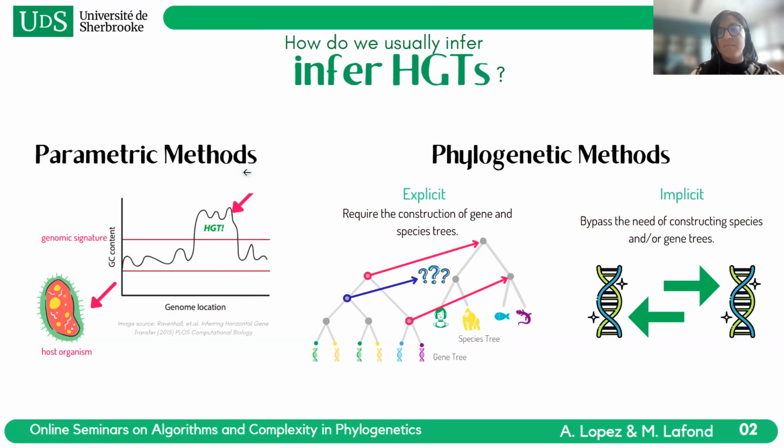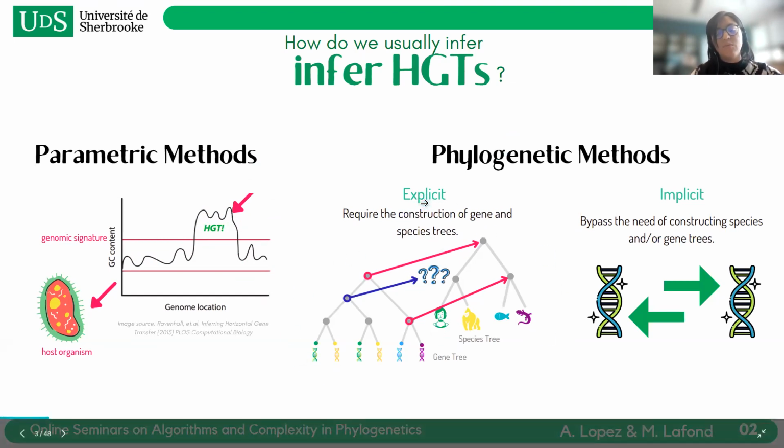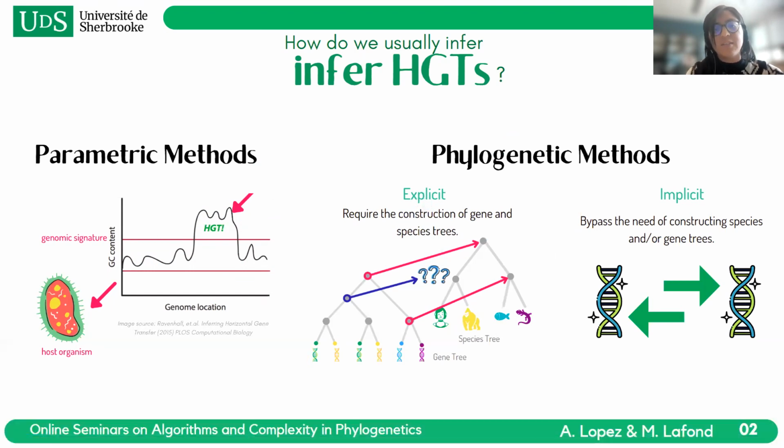In contrast to parametric methods, phylogenetic methods have also been developed, which are based on the analysis of species and gene trees, which are hypotheses of the evolution of genes and of the species.